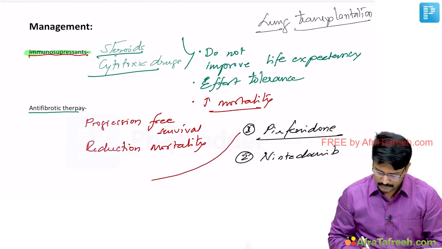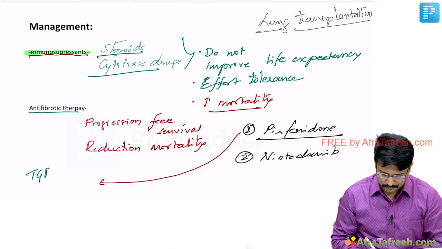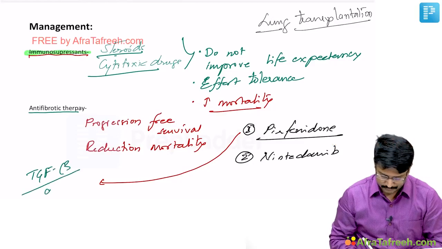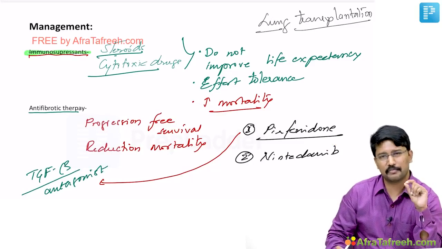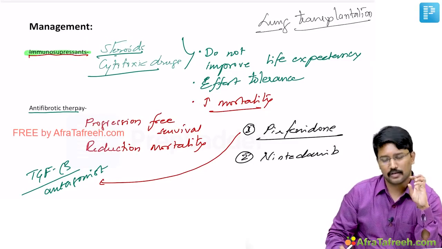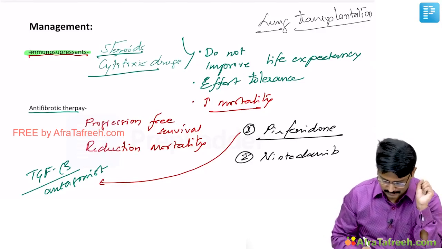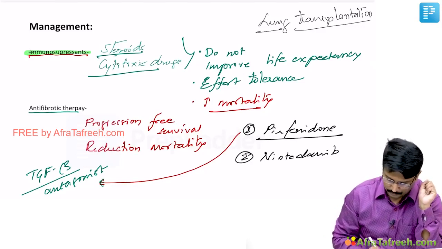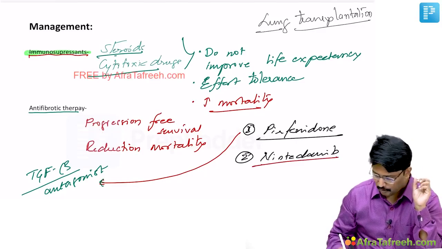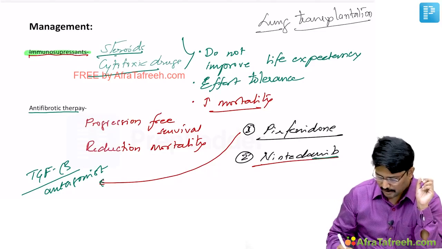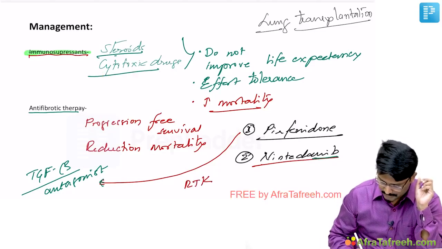Pirfenidone is a TGF beta antagonist. We briefly discussed the role of TGF beta and other growth factors in fibrogenesis, and this blocks TGF beta. Okay. The second drug is nintedanib. Remember, all these nibs are basically receptor tyrosine kinase antagonists.